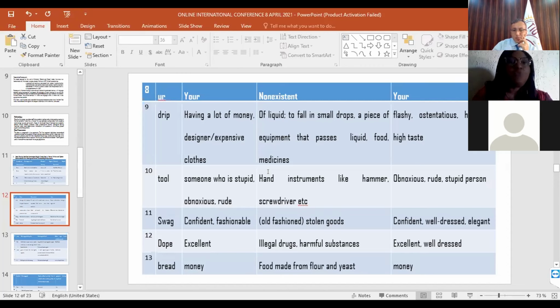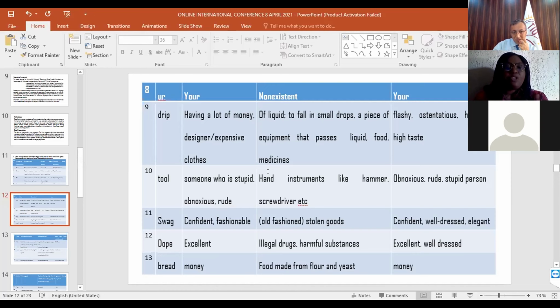For instance, drip, the simple past will be dripped. The past participle form will be dripping. The third person will be drips. So we're seeing a situation where these non-standard forms are actually even developing the structure that normal standard English words would have.